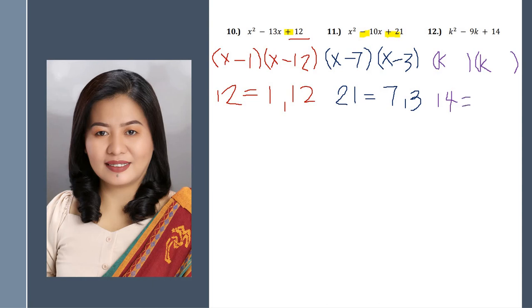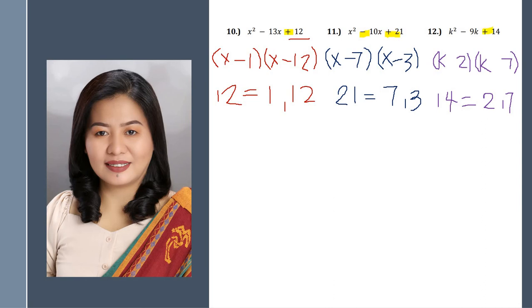That's easy to figure out without listing everything because we know that 14 has 2 and 7 as factors. So we are going to write down 2 and 7 here. Check the last term of the given.